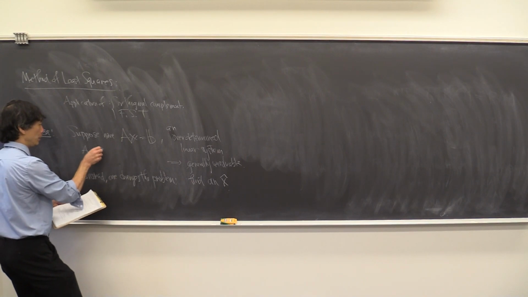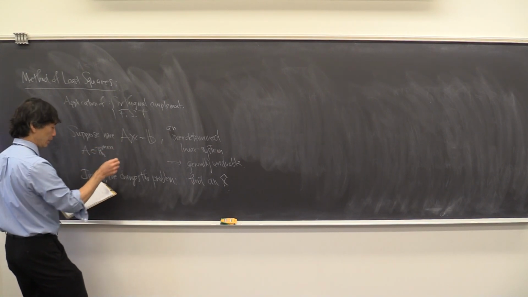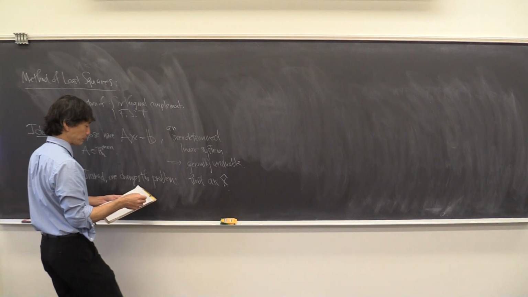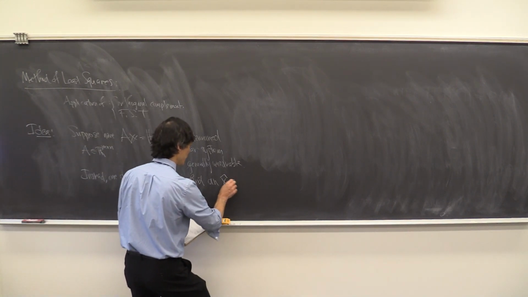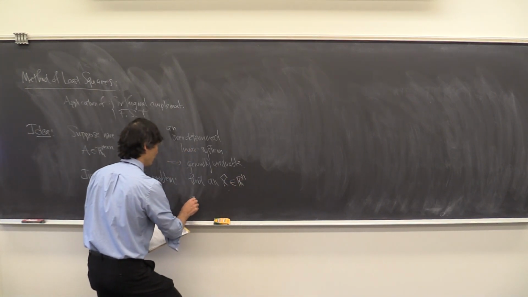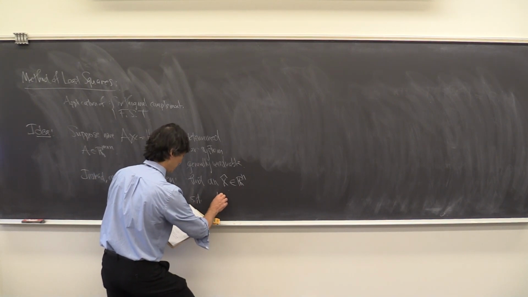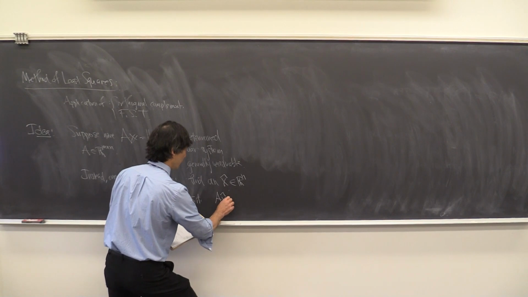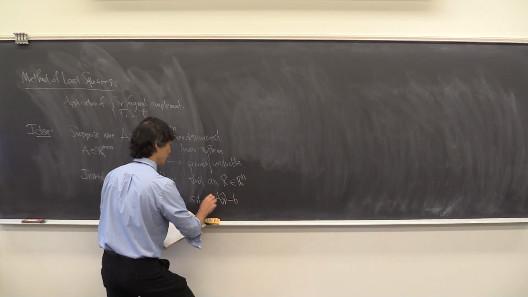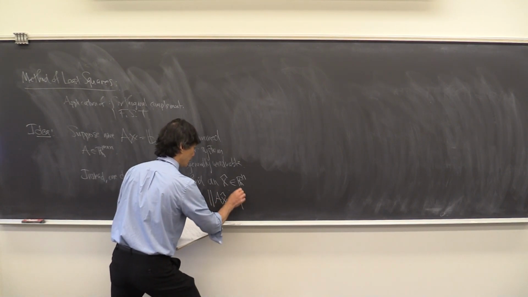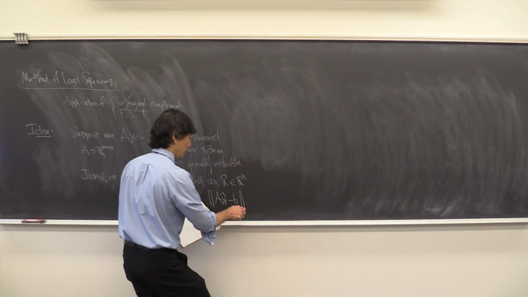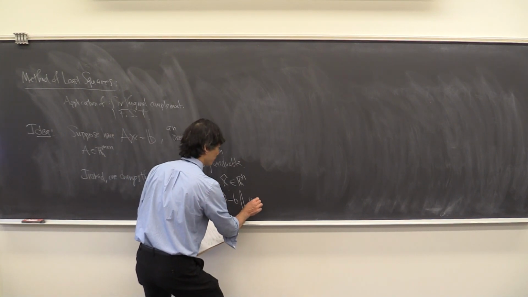A is, as usual, an m by n matrix. So find an x in Rn such that the norm of Ax hat minus b is minimal.